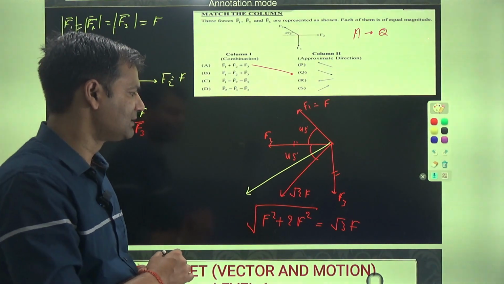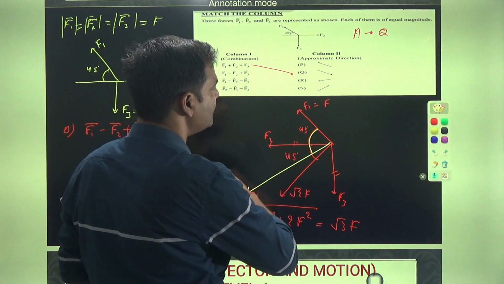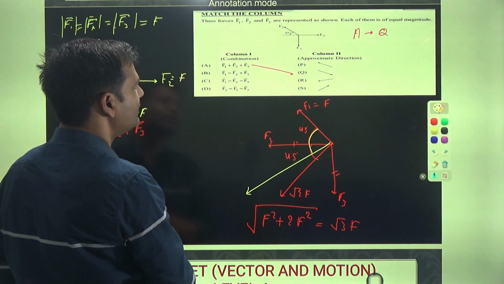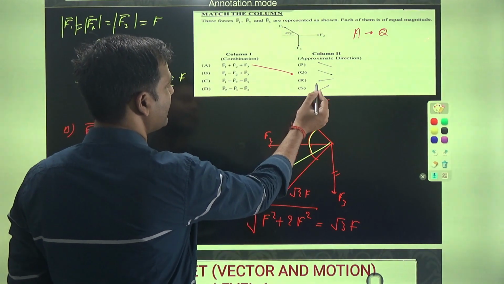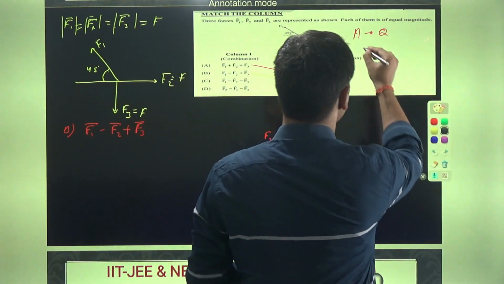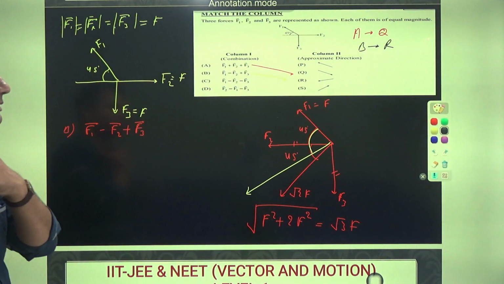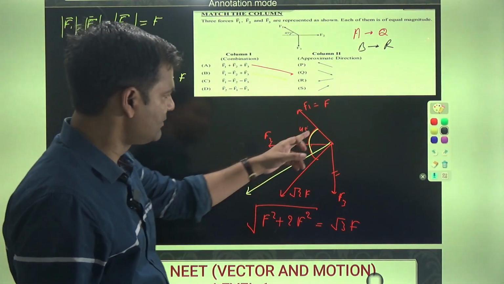Okay, clear or not? So which one is correct? B to R. So you can say that B to R. Clear or not? Not 45 degrees.